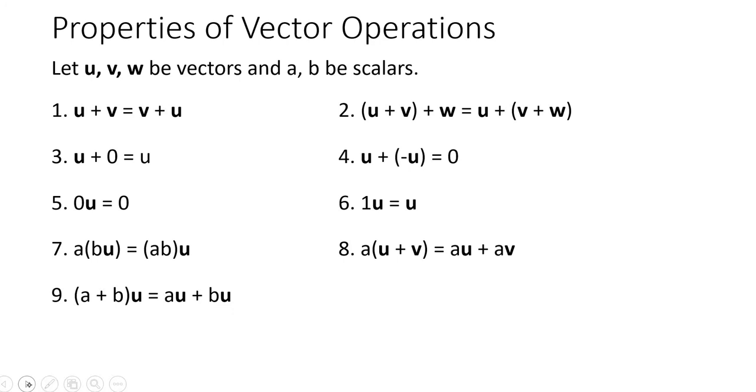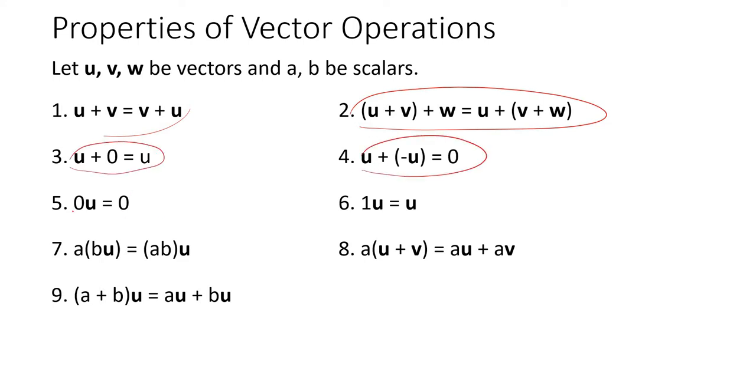Properties of vector operations. So several properties here: commutative property for addition, associative property, additive identity, additive inverse, zero product property, multiplicative identity.